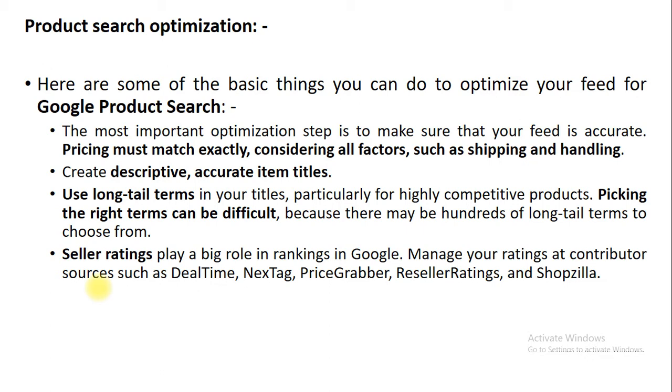Picking the right terms can be difficult because there may be hundreds of long tail terms to choose from. See, always remember one thing, that when you are going to give the title to your page, be careful, use long title as required. Why?